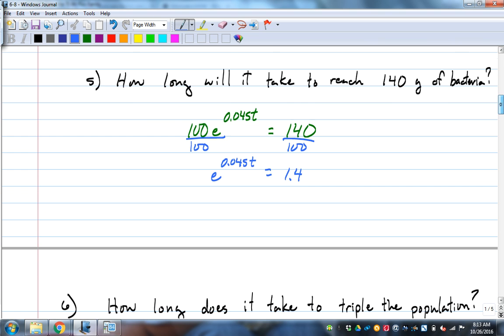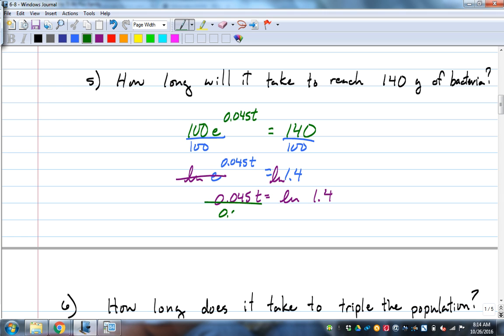We're going to take a natural log here at some point. So natural log of both sides, right? To get the variable out of the exponent. Nice here because we're using natural log, the e and the natural log cancel. 0.045t is equal to natural log of 1.4. How do we get t by itself?